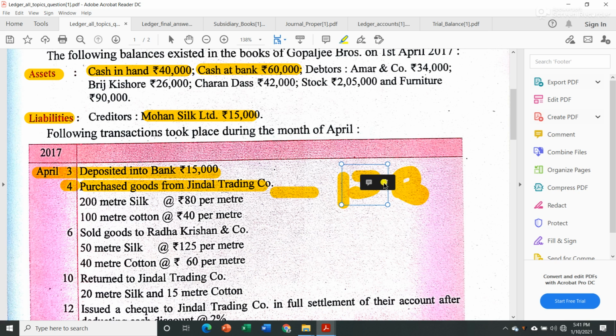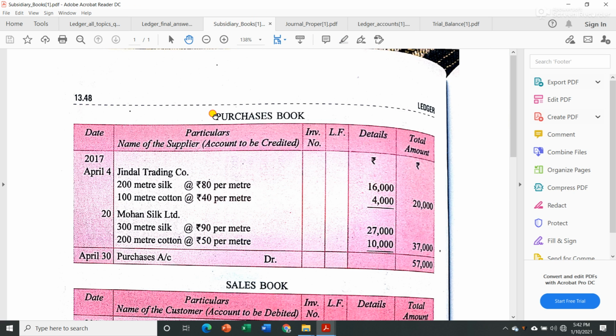Sorry for my drawing. In the purchase book we usually put input IGST and input CGST columns, but in this question they haven't mentioned anything about GST, so we are going to ignore those GST columns. So this is the simple format of the purchase book.